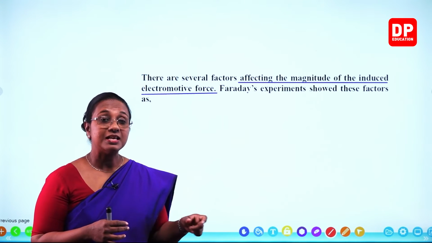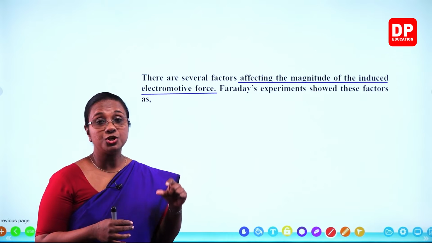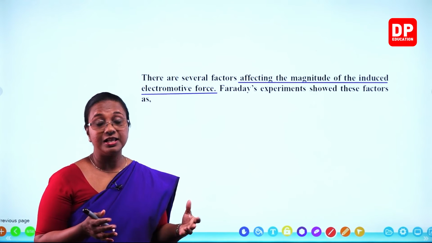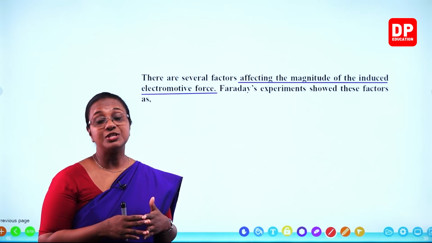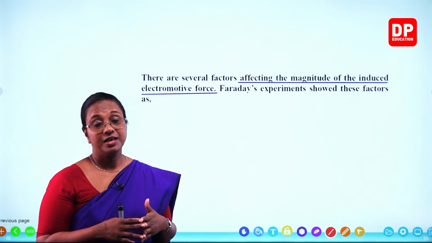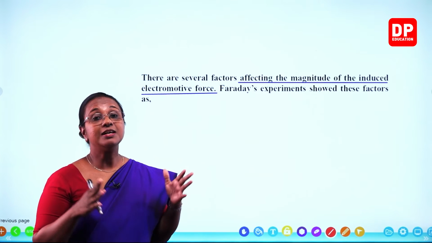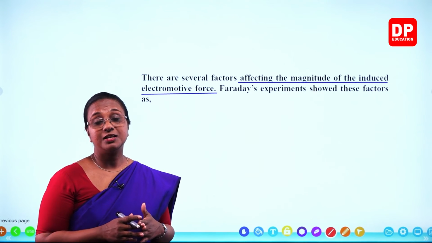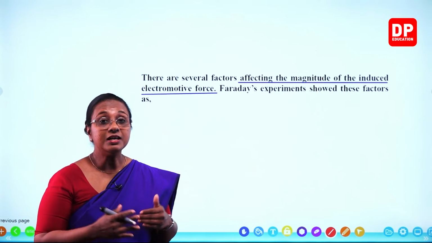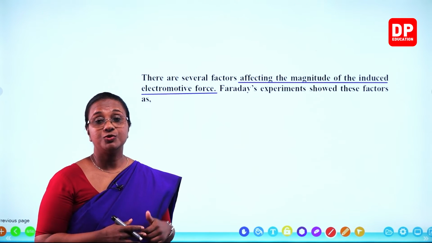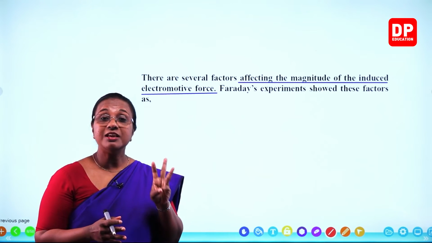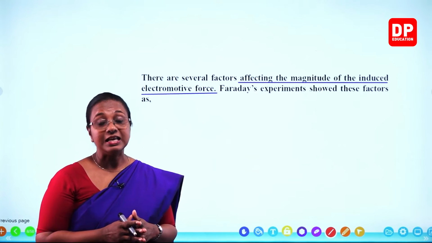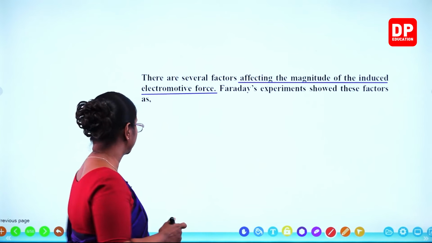So, that means the speed of the motion of the magnet or the coil affects the induced electromotive force. And the third factor is the strength of the magnet. When the strength of the magnet increases, the induced electromotive force also increases. So, three factors that affect the induced electromotive force.